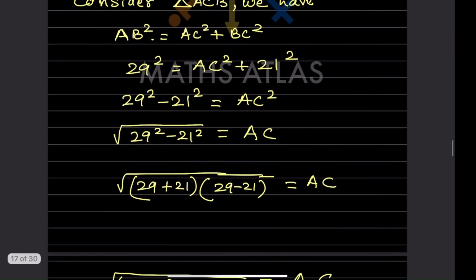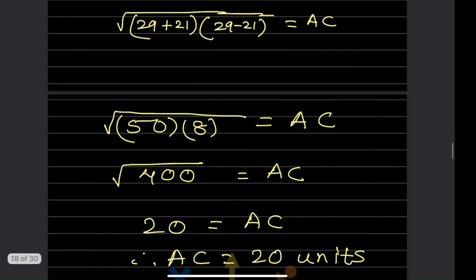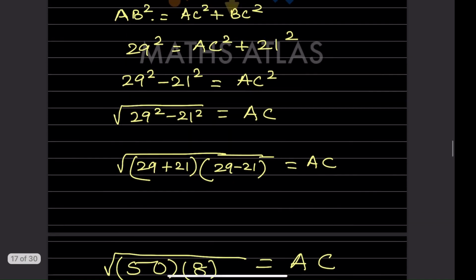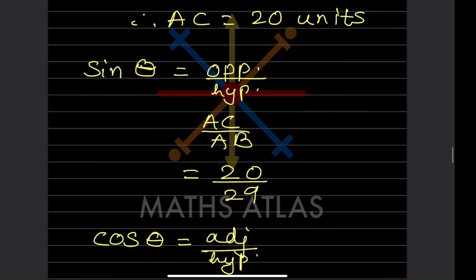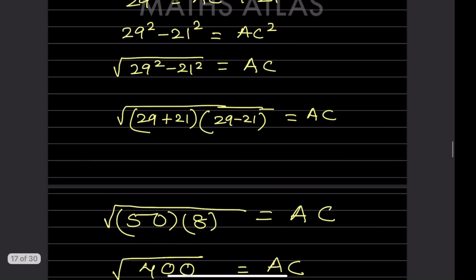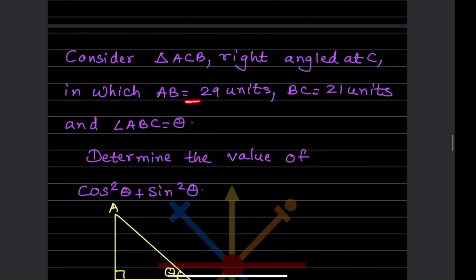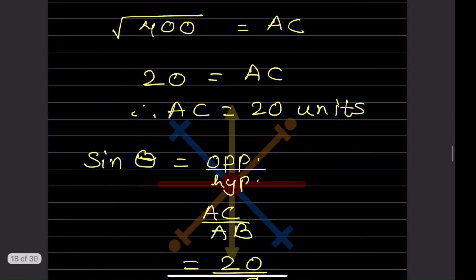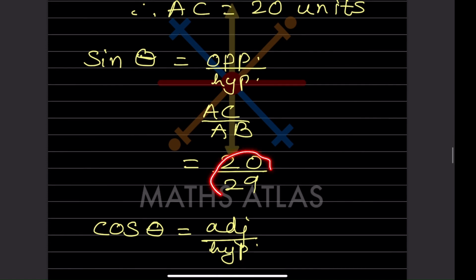What did you get for AC? AC we got as 20. So we can write AC divided by AB, which is 29. So this is 29, this is 20, and this is 21. So we got all the three values. And so sin theta is 20 by 29.